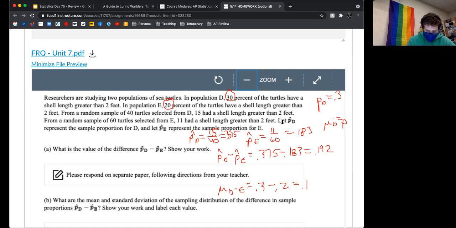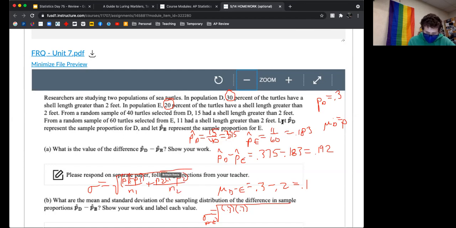And then the standard deviation, for D minus E, is the combined variance. So it's going to be 0.3 times 0.7. Maybe if I write the generic formula real quick, it's going to be p sub 1 times 1 minus p sub 1 all over n sub 1, plus p sub 2 times 1 minus p sub 2 all over n sub 2.